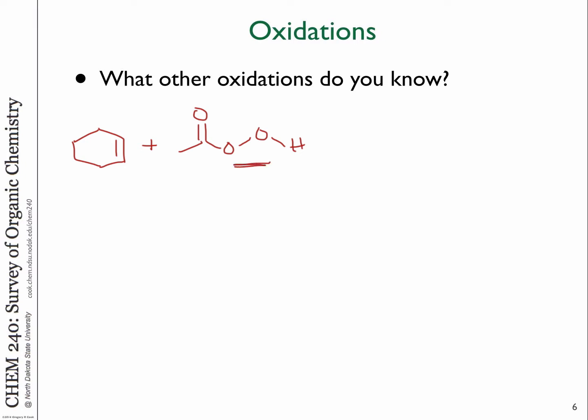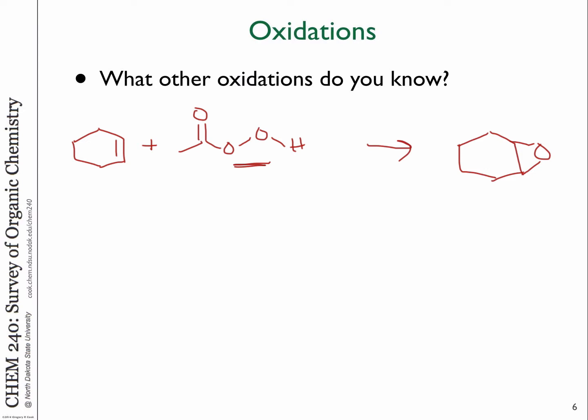Remember that reaction? What was the product? Remember that reagent inserts an oxygen across a double bond, so you generate the three-membered ring with an oxygen, an epoxide. But that's an oxidation.